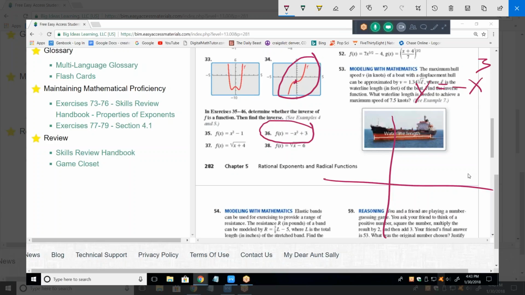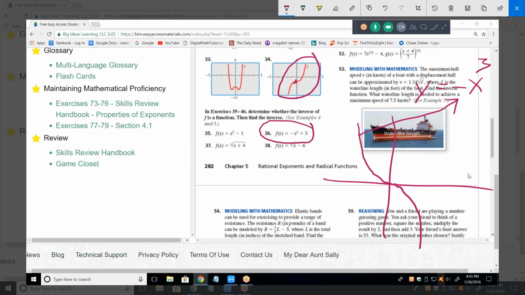So it's going to start up here. It's going to go down through that, and then like that. You see where that is? In other words, the leading negative sign means it's the reflection of y equals x cubed. The reflection over the x-axis, not over that diagonal line.